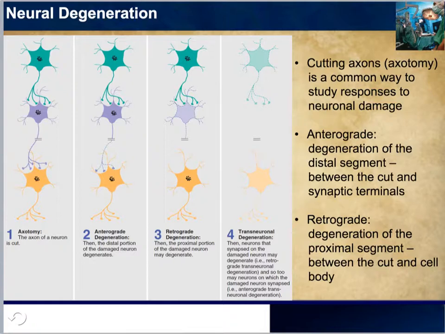It is also important for you to note that anterograde degeneration, which would be here, is a very quick process. Right after the cutting of the axon occurs, in about a few hours, you'd begin to see the neuron get swollen, and within a few days, it would start breaking up into little fragments that would eventually disintegrate.